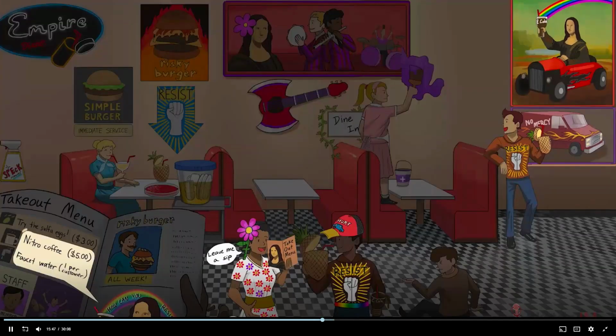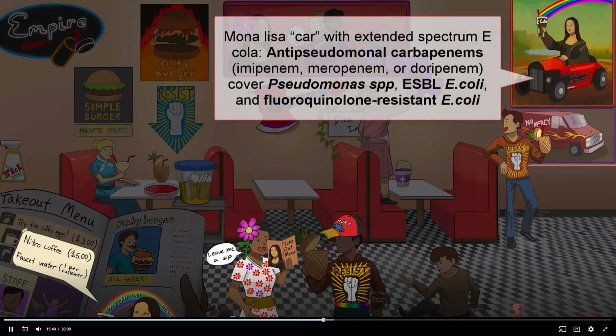What bugs do we need to cover when we encounter the potential for multi-drug resistance? That's right, Pseudomonas and extended-spectrum beta-lactamase-producing E. coli, our fastidious friends. Inpatient treatment of pyelonephritis with risk for multi-drug resistance will be treated with an anti-pseudomonal carbapenem.